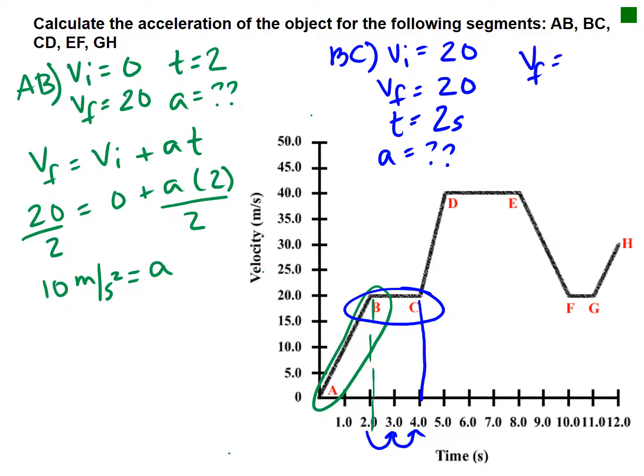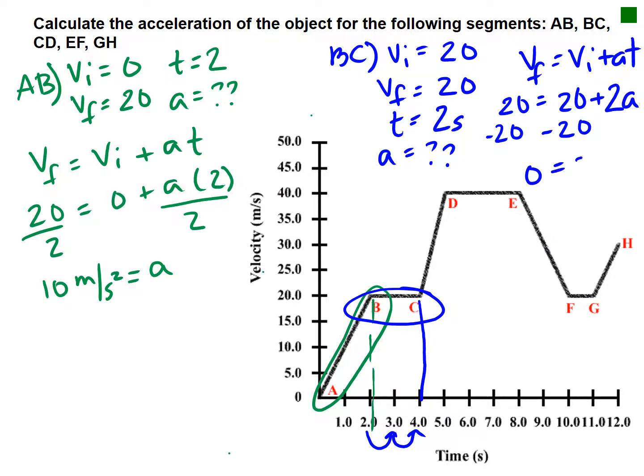So VF equals VI plus AT: 20 equals 20 plus 2A. Subtract 20 from both sides and we get 0 equals 2A. So A is equal to 0 meters per second squared.